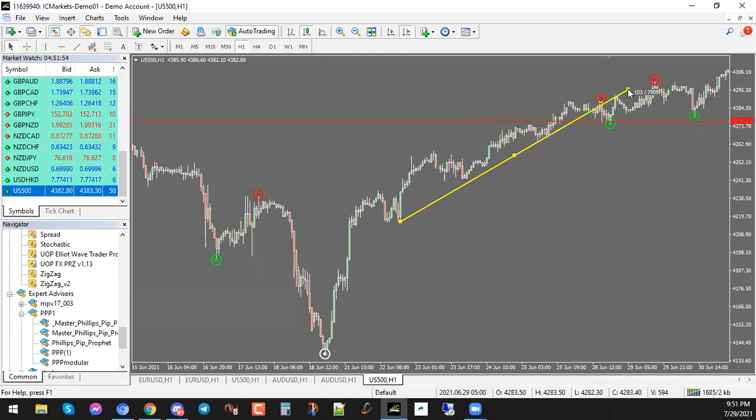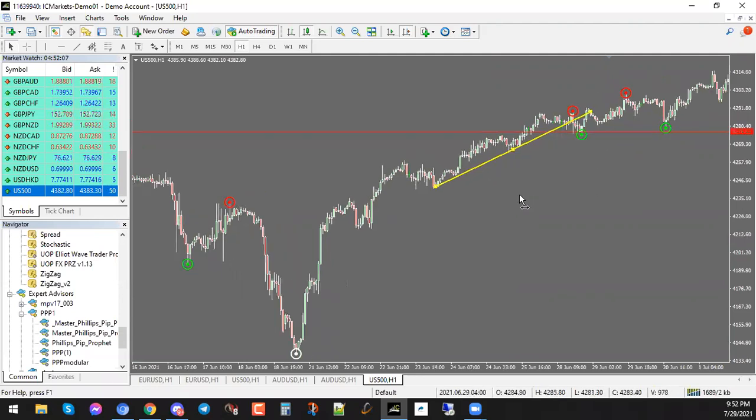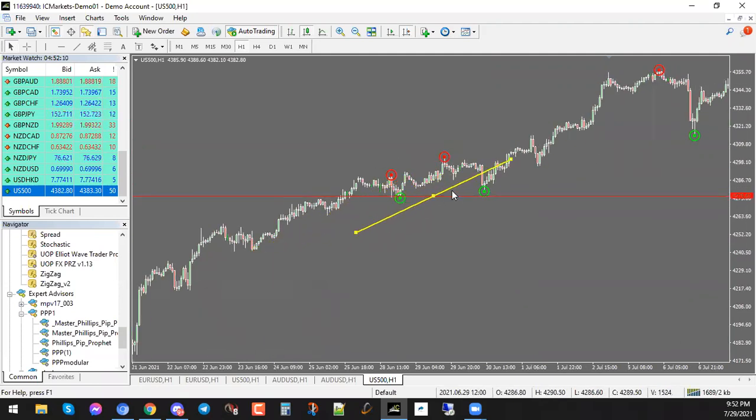So this is potentially a complete wave here as well. So this could be starting here like that. Right? So we have another complete wave here, right? And then this one comes here like this. We have another wave inside here.